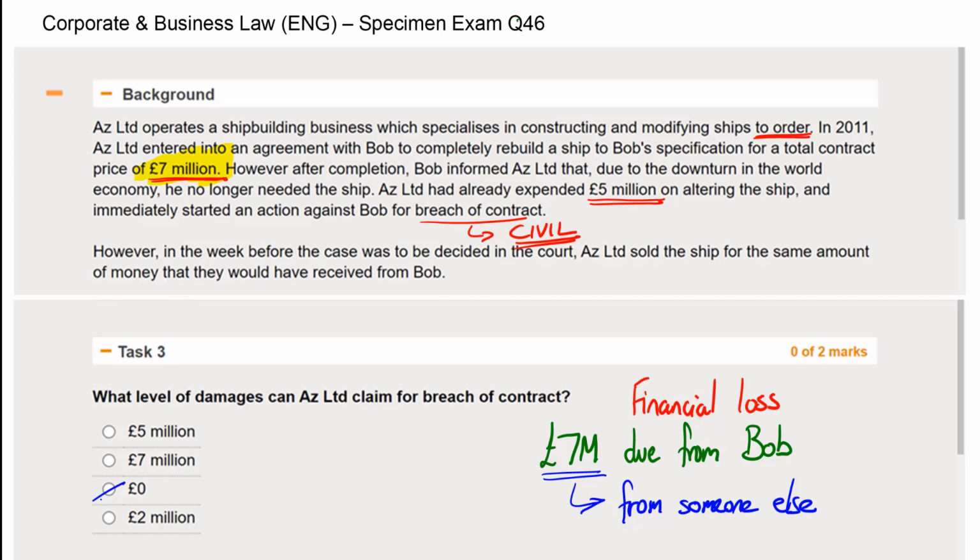And so if this case did go to court, chances are that Bob would be found liable for breach of contract, and the damages would probably be nominal damages of £1. In other words, recognition that yes, you were in breach of contract, but in terms of the loss suffered, it is non-existent.